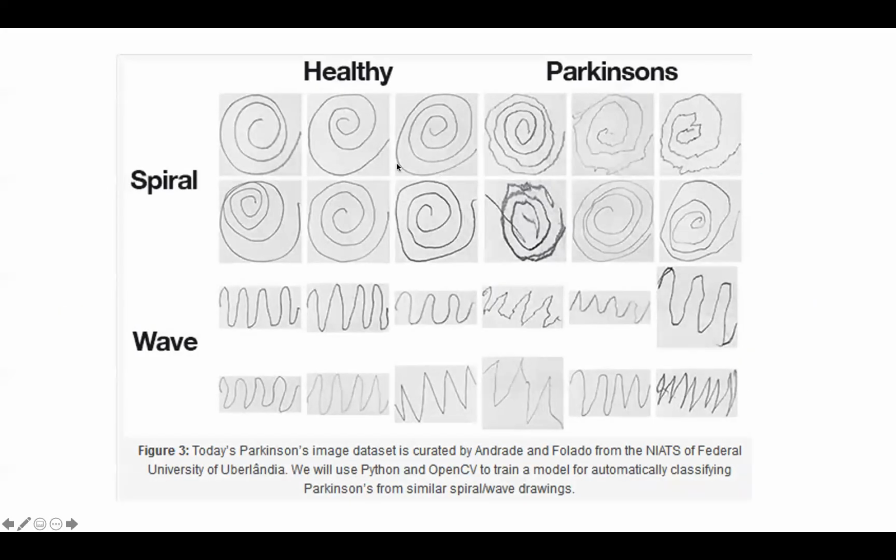If you can see here, the background is white, and the pen with which they've drawn is black. So we are going to use histogram of oriented gradients to convert this white background into a black background, and convert these black lines into white lines. This will be more helpful for the model to detect tremors in the diagram.